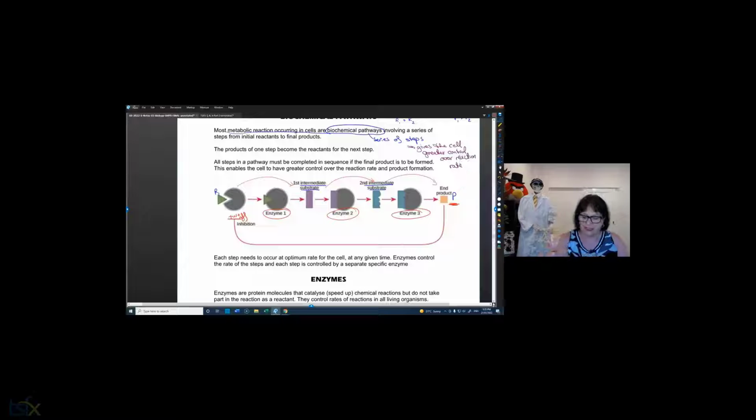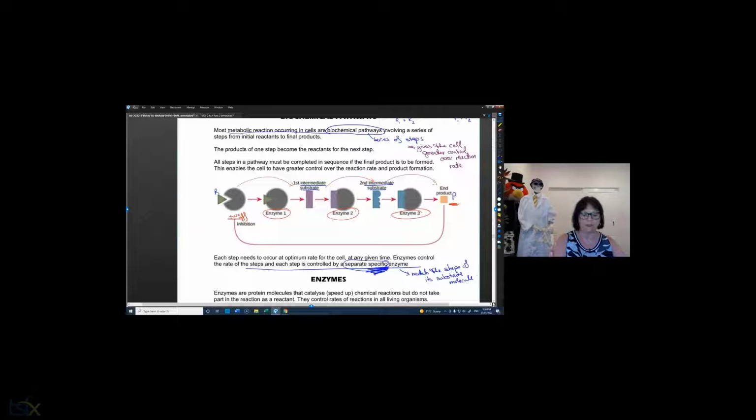And as I said, each step is controlled by a separate, and there's the word, specific enzyme. And the reason the enzyme is specific is because it's going to match the shape of its substrate, that's reactant, molecule.